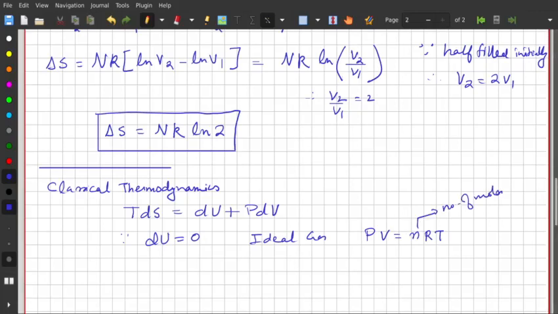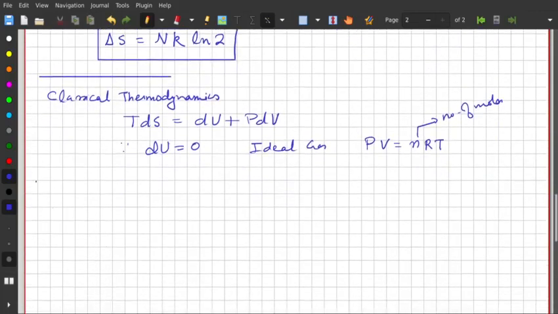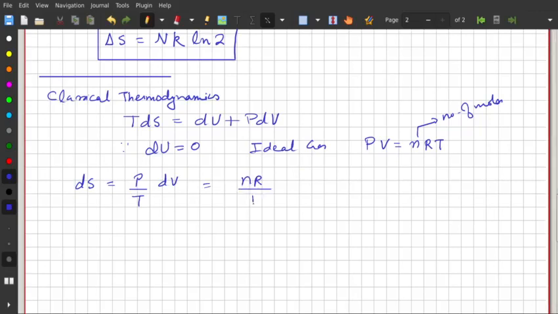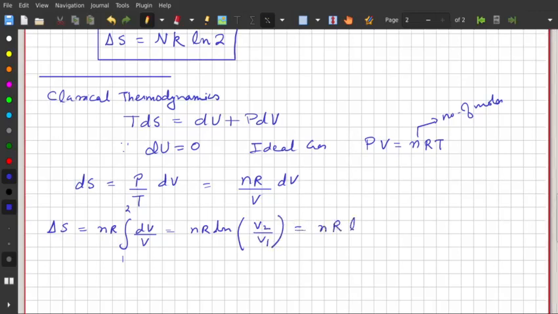This is the ideal gas law. So using this, we can write dS becomes P over T dV, and P over T is nothing but nR by V dV. Therefore delta S is equal to nR integral of dV by V from 1 to 2, so nR log (V2 by V1), and just now we saw V2 by V1 is 2, so this is nR log 2.